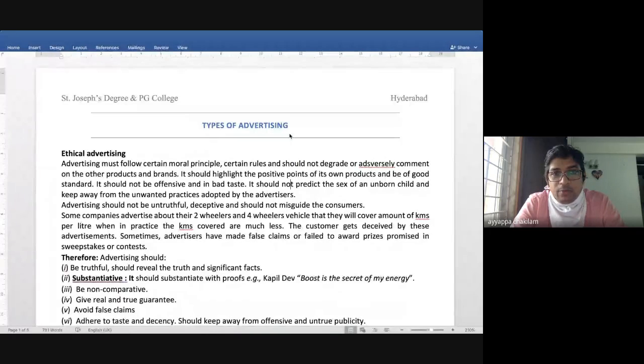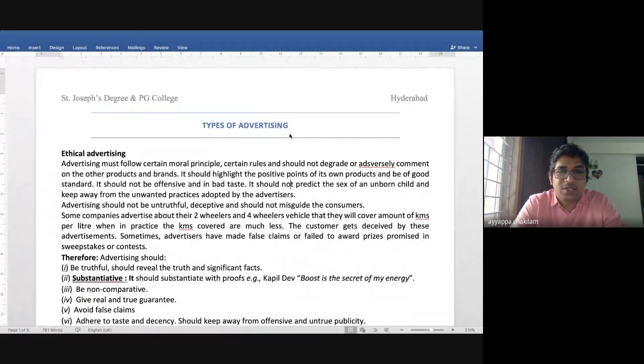They try to come up with so many glorious claims that if the consumer uses their particular product, it is going to completely change how they look, or what happens to them after they consume the product. So the advertisers should be very much truthful in showing the products to the consumers.